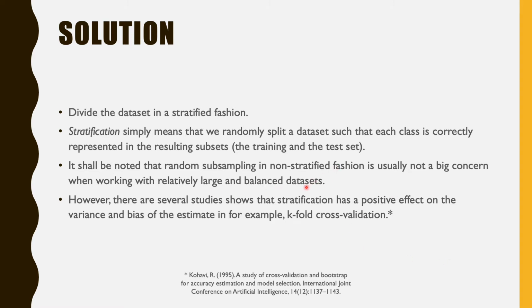So if you have a really large data set, you can be more relaxed. But several studies show that stratification has a positive effect on the variance and the bias of the estimations, for example in k-fold cross-validation. You can check out this paper to get the idea.